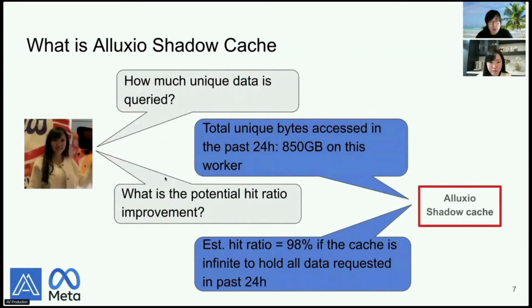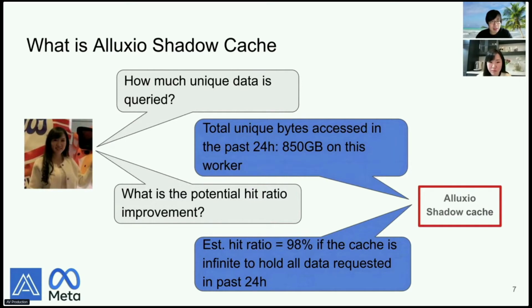Let's go through some examples. If K asks me how much unique data was queried in the past 24 hours, the Alluxio shadow cache can return information like: in the past 24 hours, the unique bytes accessed in this period of time is 850 gigabytes from this particular worker.